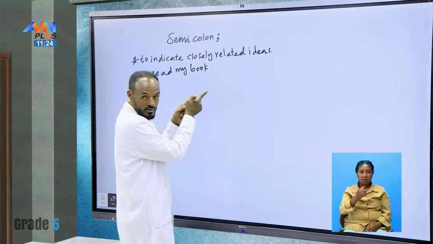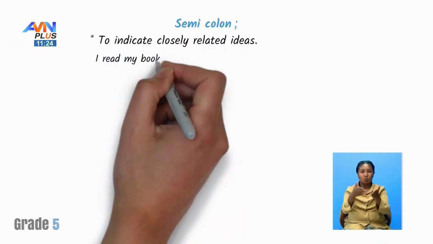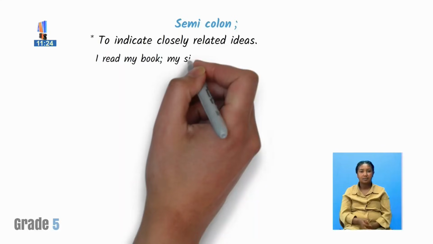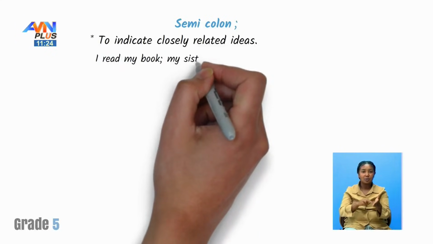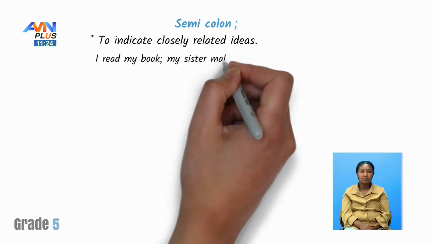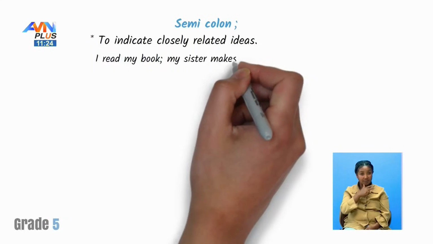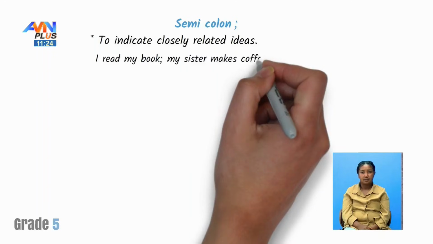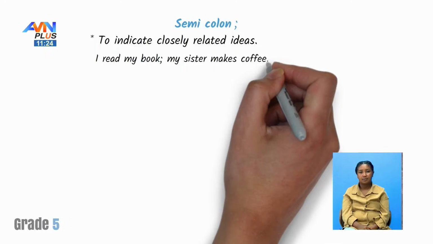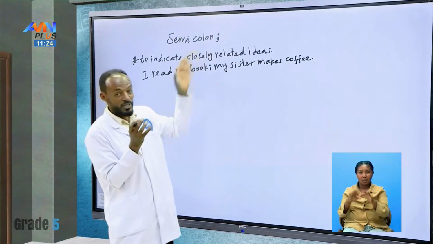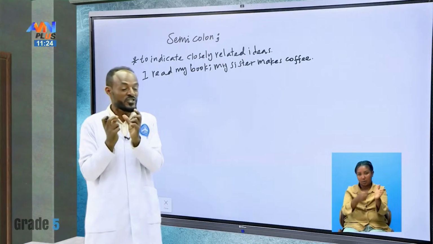I read books. Then we have to use semicolon here, just like this one. I read books; my sister makes coffee. These two sentences are just connected with semicolon because there is no conjunction here.